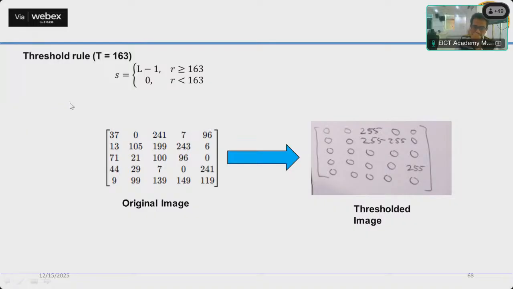So if a value is equal to or more than 163, as in the case of 241 and 243, it becomes 255. For other values, it is 0. I hope it is clear to you. This is another way to perform operations on the image.